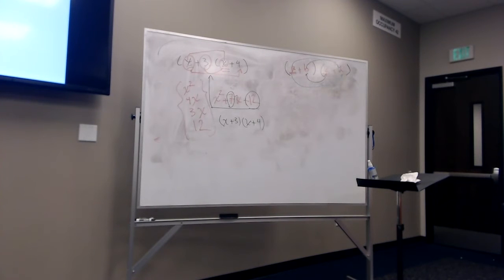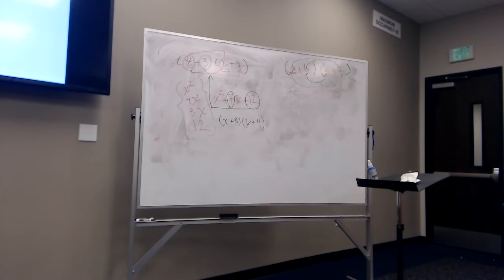The strategy for factoring x squared plus bx plus c, let's look at page 352, the box. We have x squared plus bx plus c.